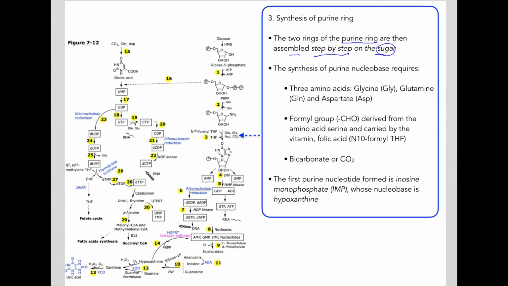Now, the synthesis of these purine rings requires 3 amino acids: glycine, glutamine, as well as aspartic acid. It also requires a 1-carbon chemical called a formyl group, and this formyl group actually comes from the amino acid serine, and it's carried by this vitamin called folic acid in the form of tetrahydrofolate, THF.